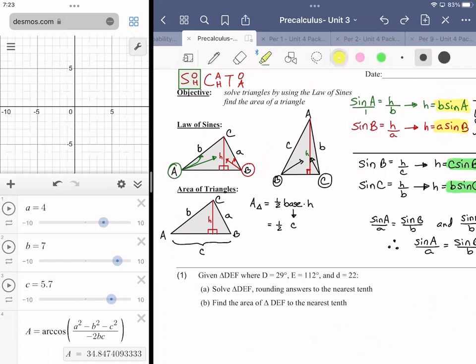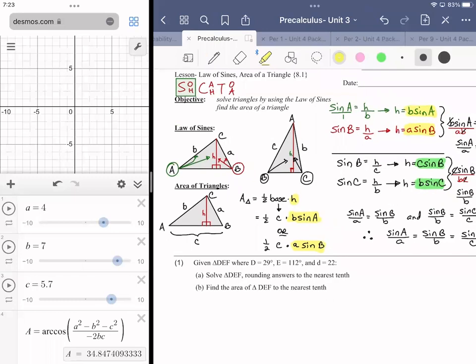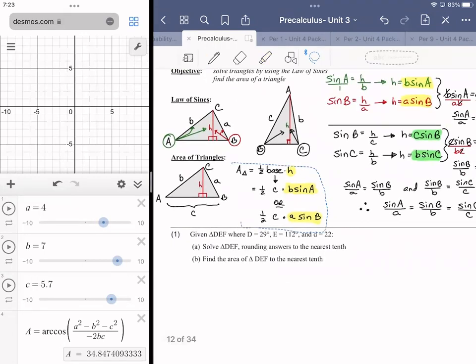So I can replace this H with either a B times the sine of A, or I can replace it with an A times the sine of B. Which gives us 2 new rules for the area of a triangle. 1/2 BC sine A, if I kind of clean this up, I'm going to shrink it down a little bit.